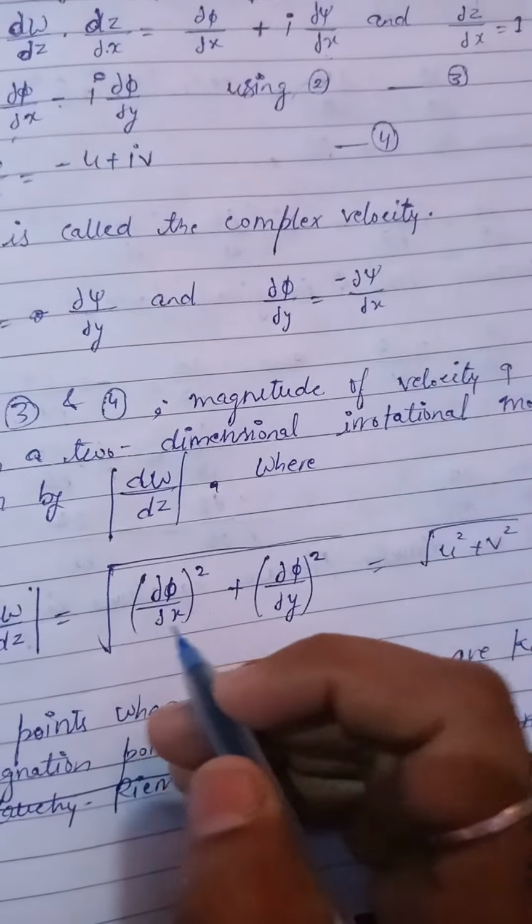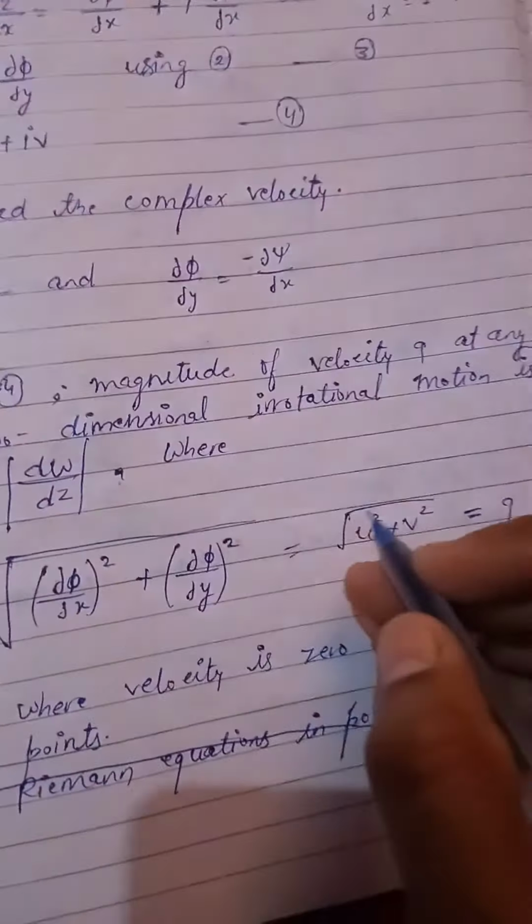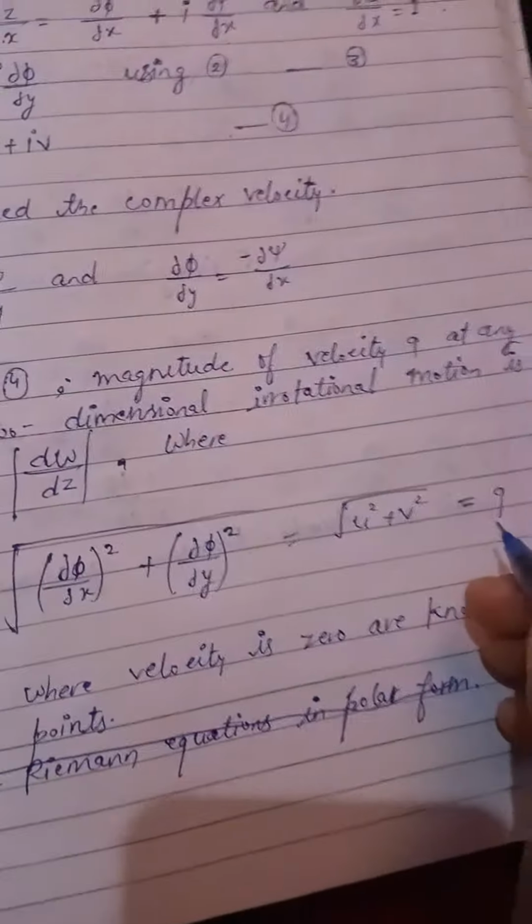Del phi by del x is nothing but u, and del phi by del y is nothing but v. So we write it here, and it will be the value of q.